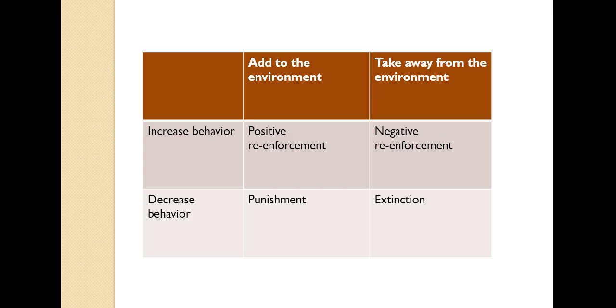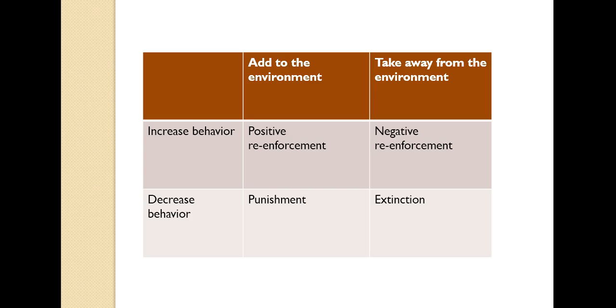And the last thing on here is extinction, and I'm going to switch to talking about pets. If you take something away from the environment and decrease behavior, that is called extinction. So if you have a dog who begs at the table every day and you feed him every day, when you stop feeding him or you stop giving him attention while he's begging, eventually the behavior will stop.